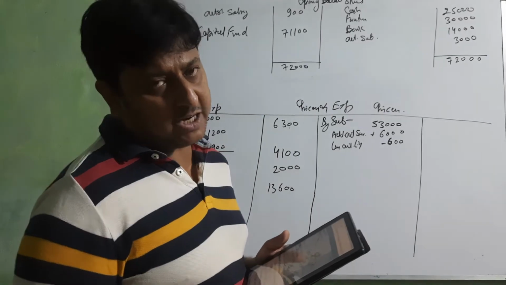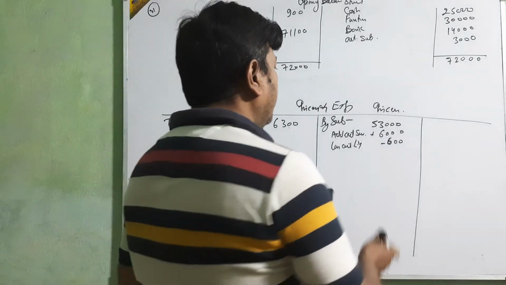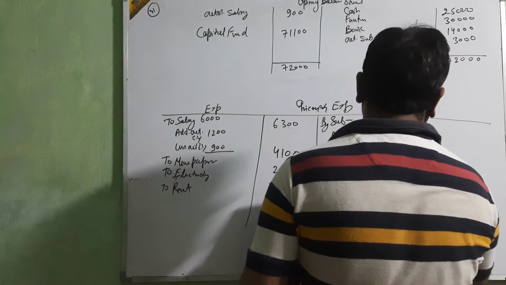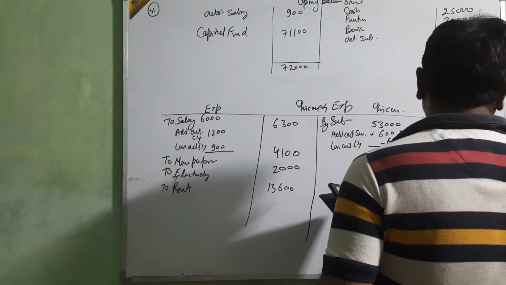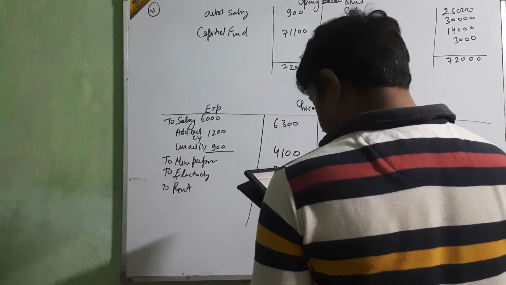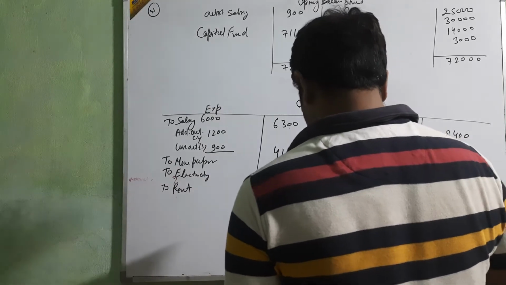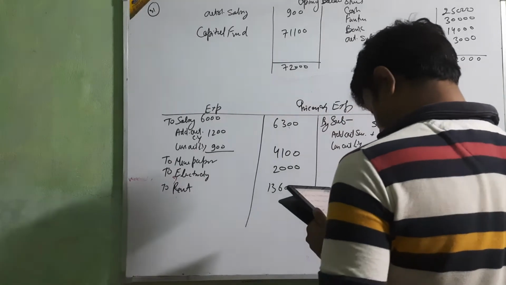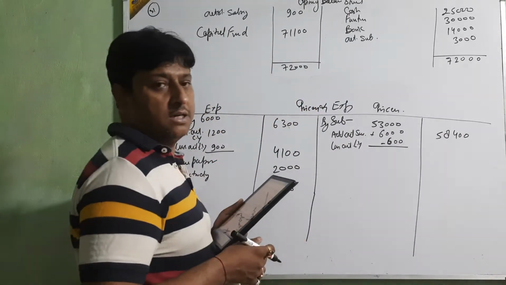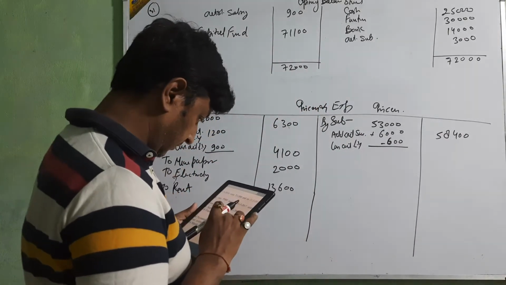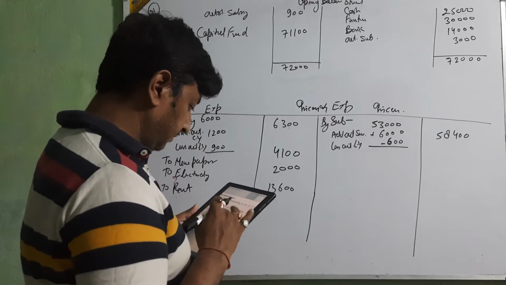So 2,400 we received, so only 600 remain. So last year outstanding is 600, that we are taking here only. Okay beta? It's 58,400. Clear?